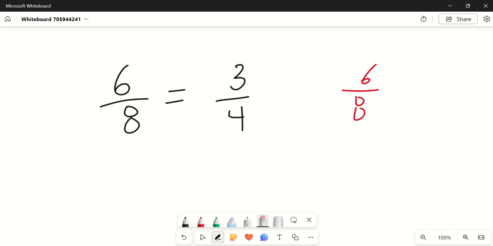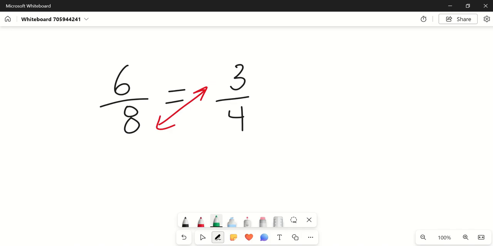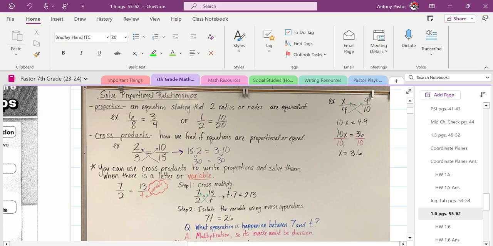But if we can't find something that easy, what we do is we cross-check, or as our notes say, cross products. We multiply across, and both numbers should equal the same thing. So I know that 8 times 3 is 24, and I know that 6 times 4 is 24. So because they both equal 24 when we multiply across, they are going to be proportional. They are equivalent.